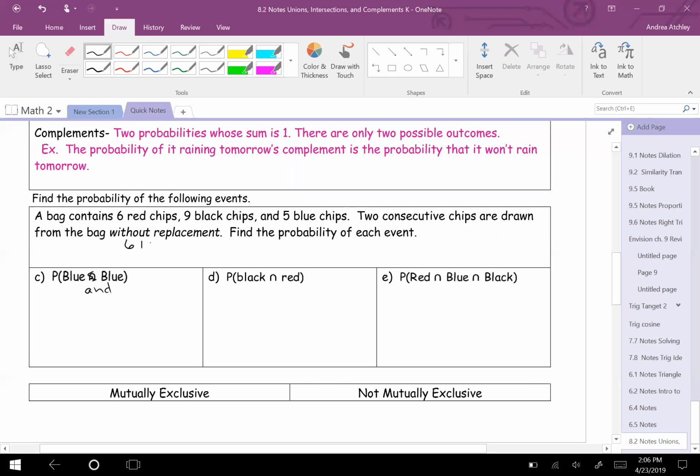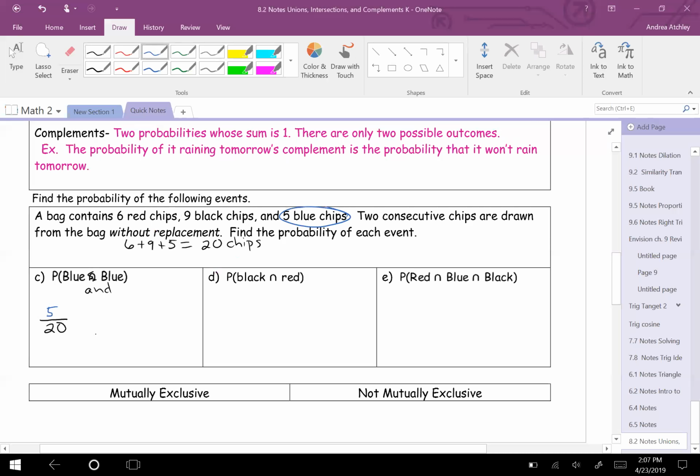What is my total number of chips? 6 plus 9 plus 5. There are 20 chips. So the first time I have 20 chips in my bag. Then I want to pull out a blue chip. There are 5 blue chips, so the probability of me pulling out a blue chip is 5 out of 20.